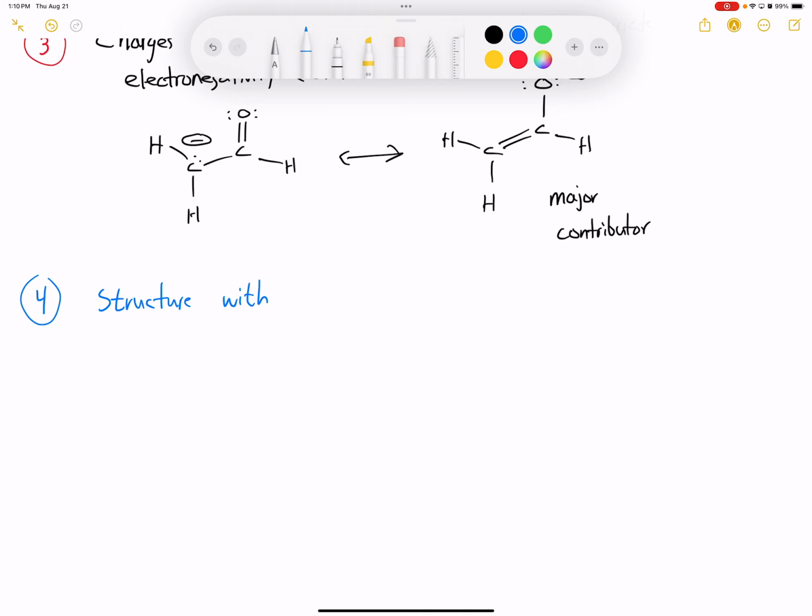They'll repel. So think about how charges attract, like opposites attract, like repel. And that tells you something about the structure, if it's a good one or not a very good one. So, structure with least charge separation. But the best thing to have is no charge at all, if possible.